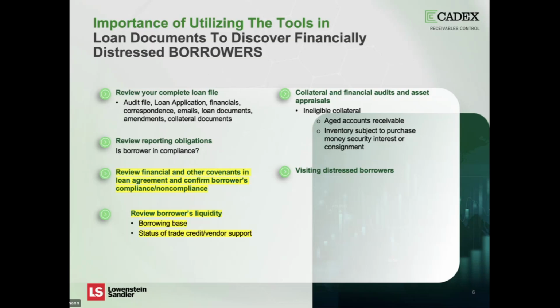For example, is the borrower required to give you quarterly financial statements and yearly annual audited financial statements, but you haven't been getting any of that information, 1-2 years into the loan? Monthly financials internally generated, reporting with respect to the collateral. If your customer is not satisfying its reporting obligations, that is a red flag in itself.